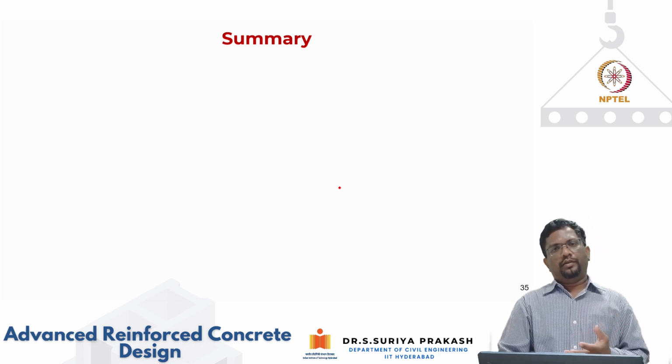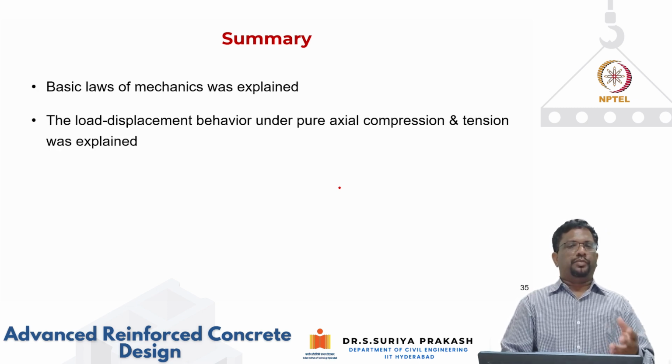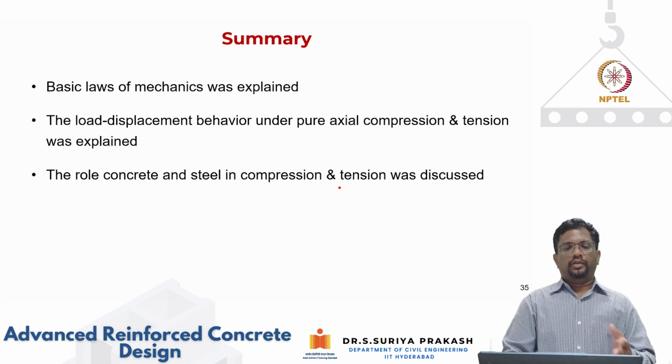It should also follow the constitutive relationships that we have seen. We also discussed the load displacement behavior in pure axial compression and tension, and the role of concrete and steel in each.